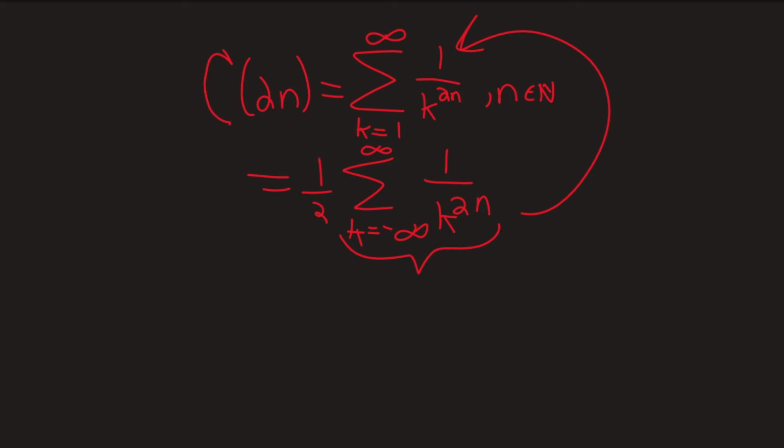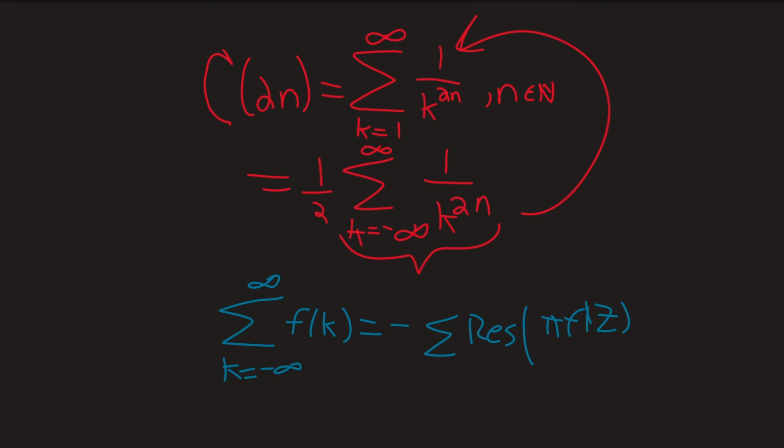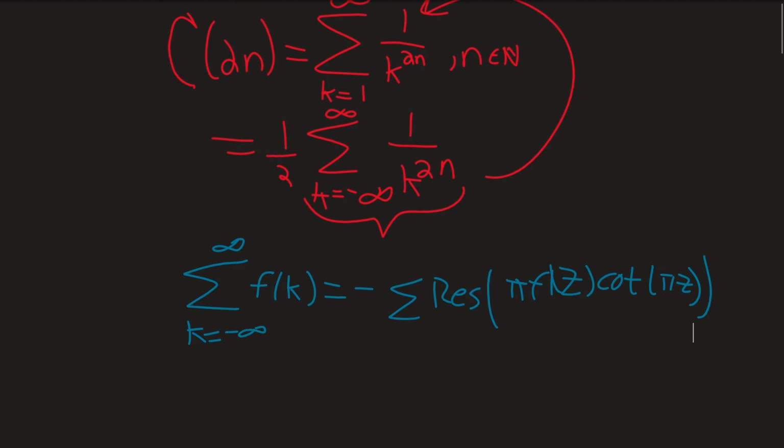So in general, if you have a sum from k equals negative infinity to infinity of some f of k, this right here is just equal to the negative sum of the residues of pi f of z times cotangent of pi z. This would actually be a fun proof to do on the channel. I might do that at some point. But anyway, this is the general formula essentially.